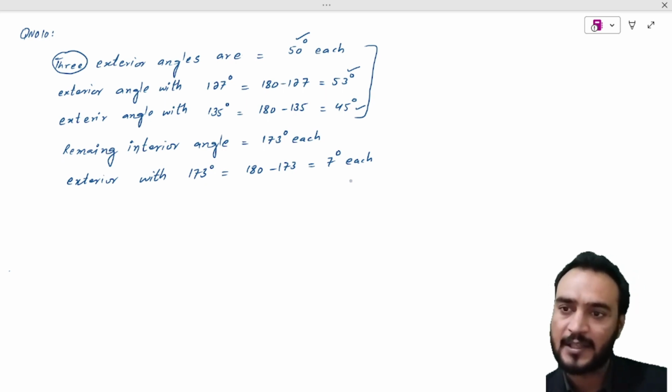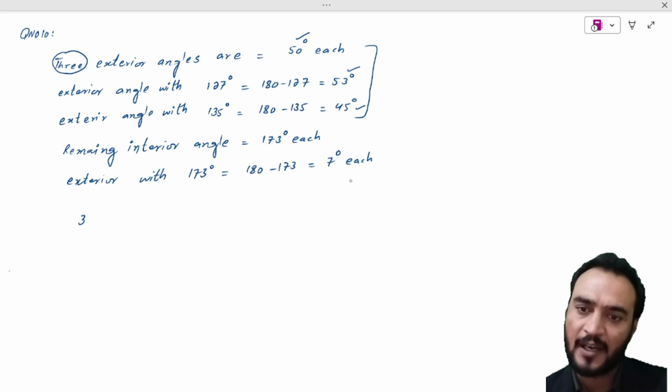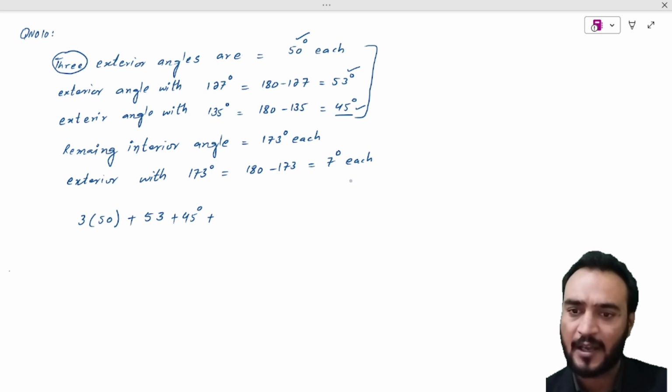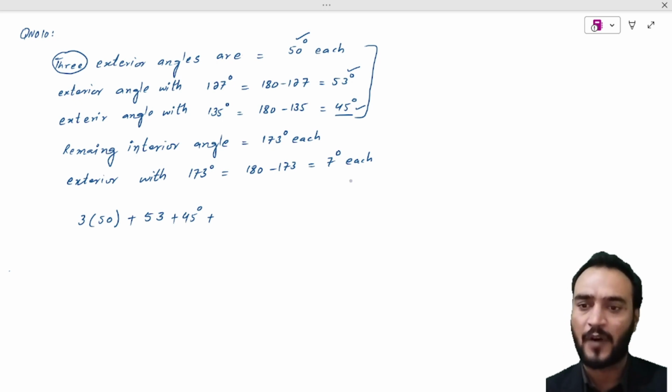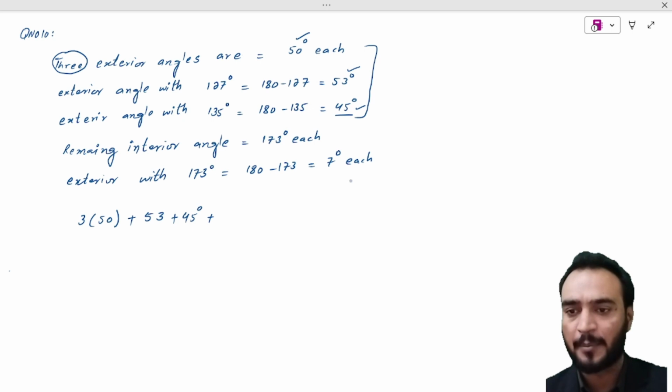Now we add these angles. Three of the exterior angles are of 50 degrees each, so we multiply 3 by 50, plus one exterior angle of 53 degrees, plus another exterior angle of 45 degrees. The remaining angles are n minus 5, because the total number of exterior angles is n.